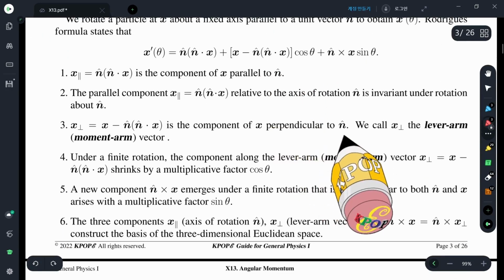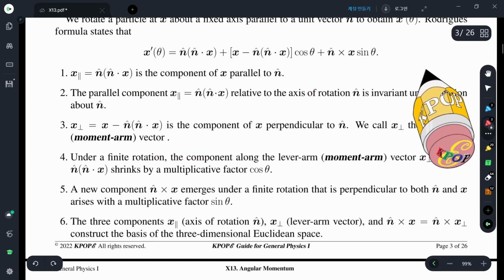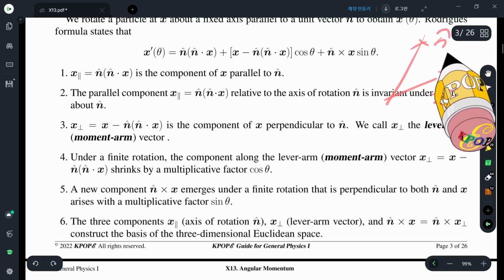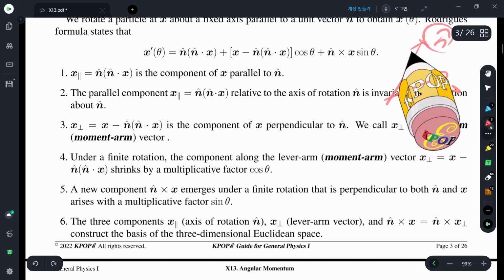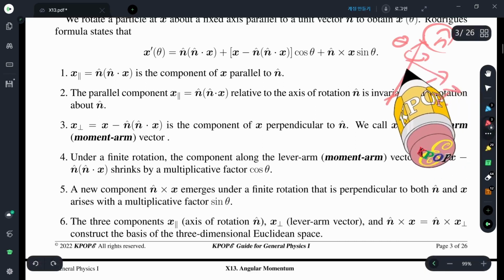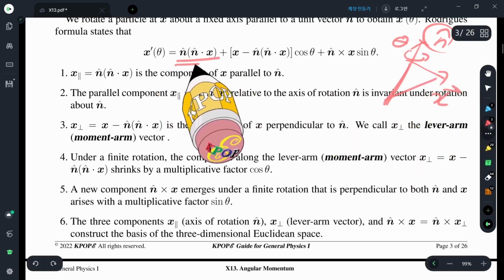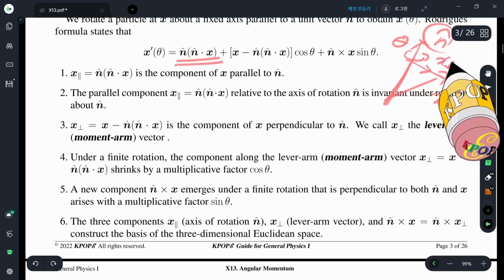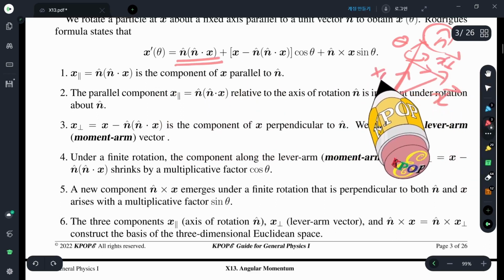In summary, x is being rotated about the axis n hat with the angle theta. This is the parallel component, and this is the perpendicular component x perp, and this is x parallel.